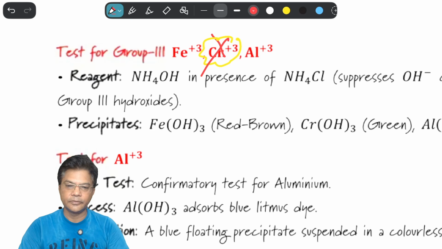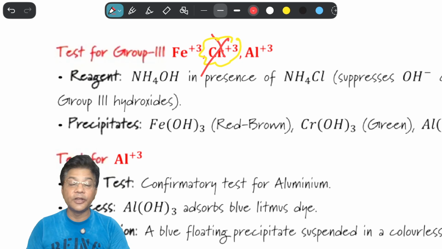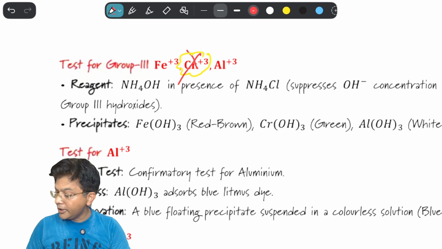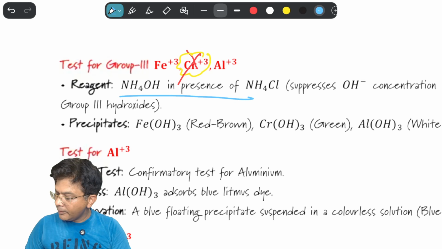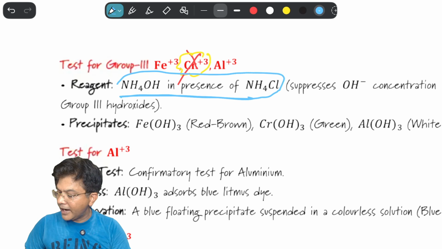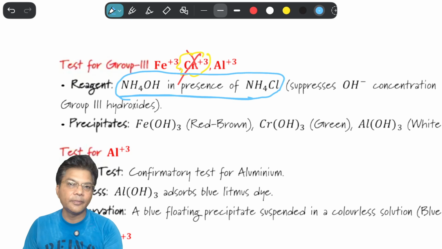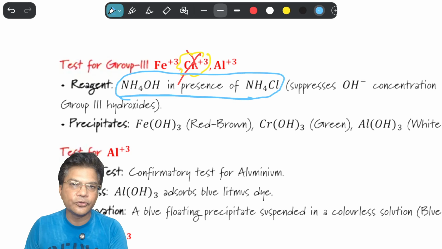Now see, kids, the group reagent is ammonium hydroxide in presence of ammonium chloride. Now, why ammonium hydroxide and ammonium chloride, and which one should be added first? There is a chemistry of it that belongs to ionic equilibrium, class 11.